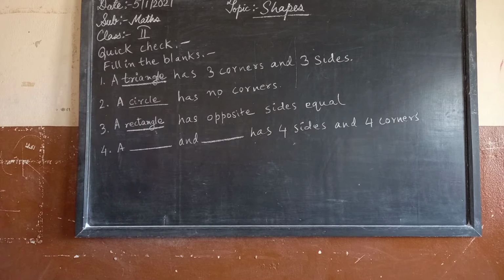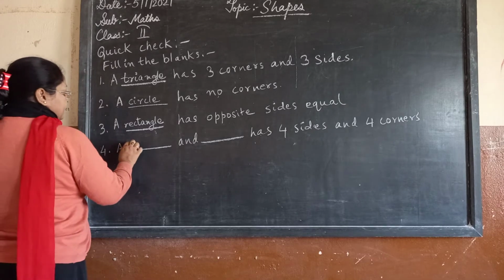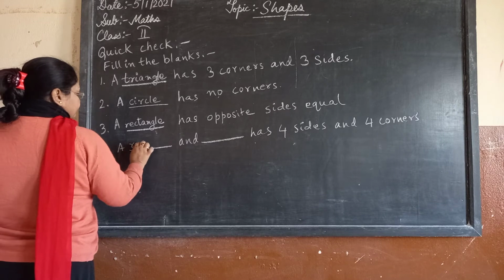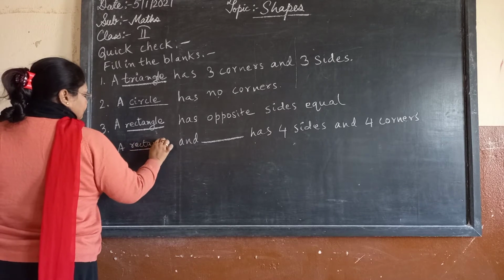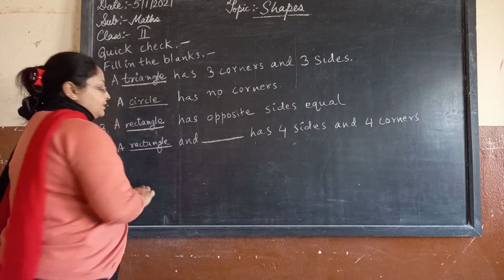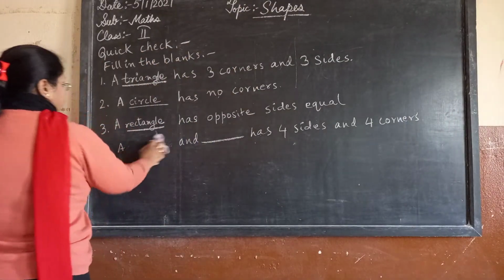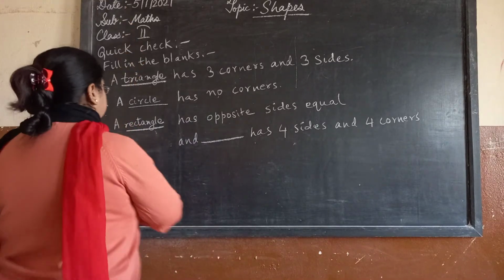A dash and dash has 4 sides and 4 corners. So in a rectangle and what else? In a square. So first you write down square, a square and a rectangle. It will be easier.